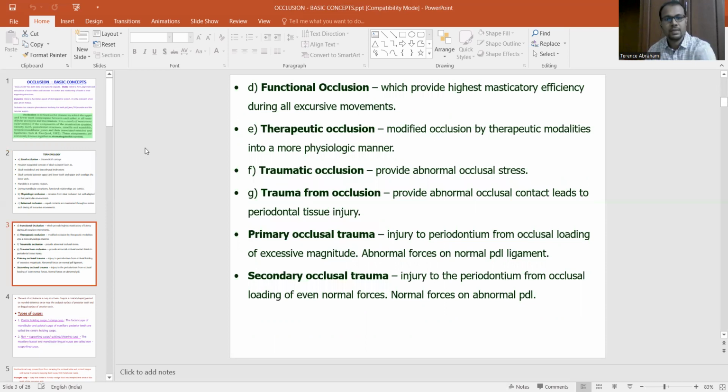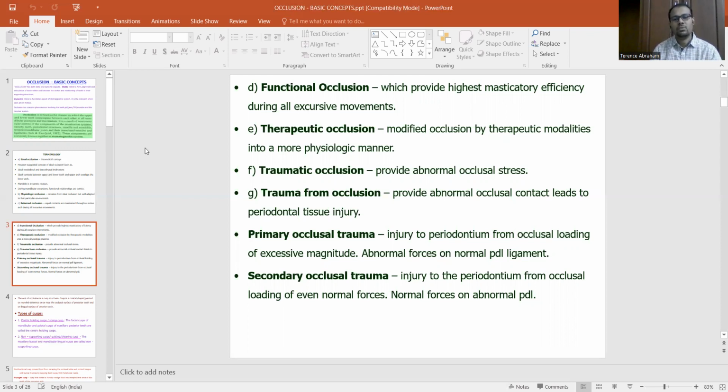Coming to the next slide, what is functional occlusion? It provides the highest masticatory efficiency during all the excursive movements. Excursive movements are the lateral movements or protrusive movements of the mandible. So during all these excursive movements, there should be maximum efficiency of mastication.